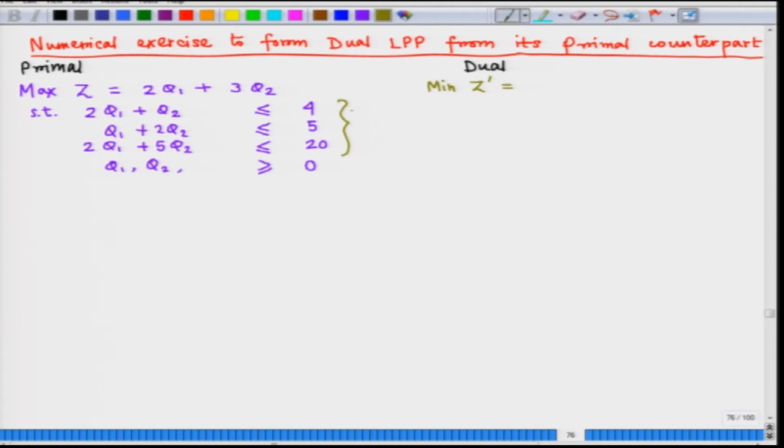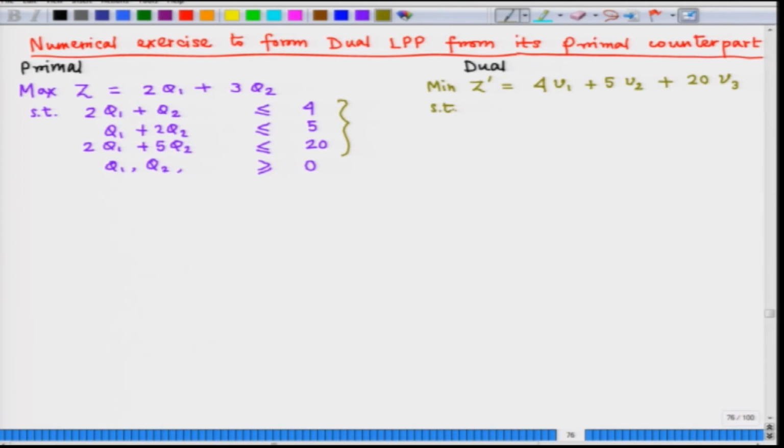So, for each of these inputs now we have a dual price which will be the decision variable, and the parameters in the right hand side of the constraint which are basically 4, 5 and 20 will now become the objective function coefficients, right. So, we write 4 V1 plus 5 V2 plus 20 V3 as the objective function.